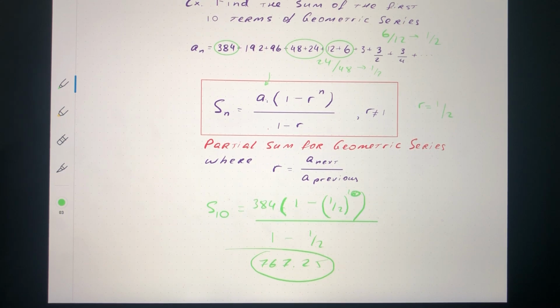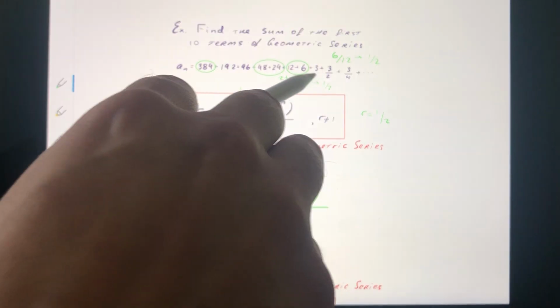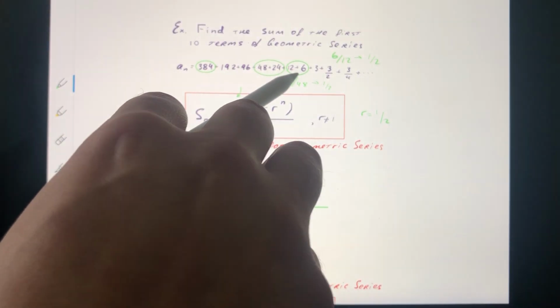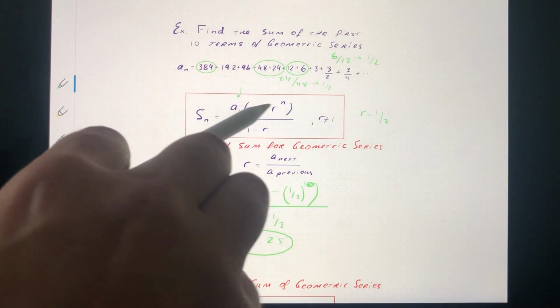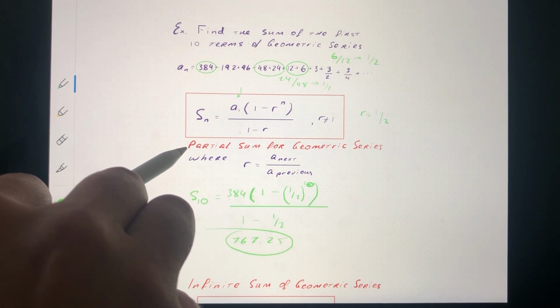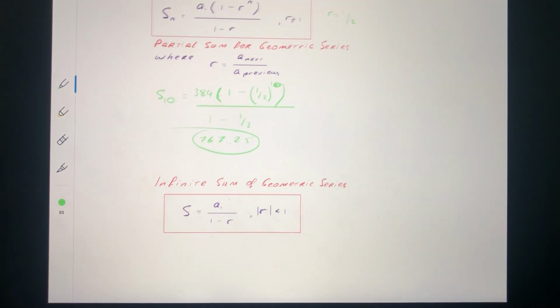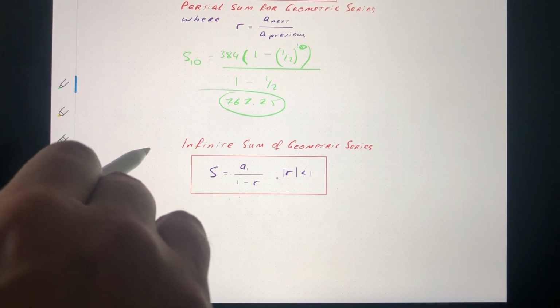Now, if the geometric series happens to be going down, so that the numbers are getting smaller and smaller and smaller, then we can find the sum of all of them. It's no longer a partial sum, it's the sum of every single number all the way to infinity. And that formula is right below. It is called the infinite sum of a geometric series.